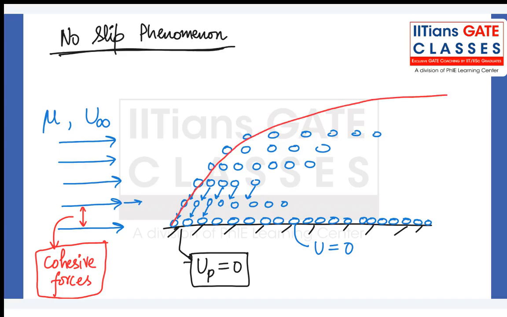Can you tell me what is the name of this layer? Boundary layer. Yeah, nice. This is called boundary layer. So this is how a boundary layer is formed over a surface.